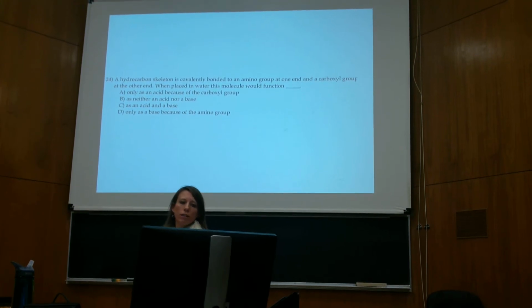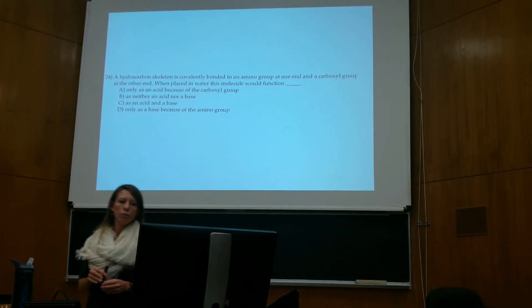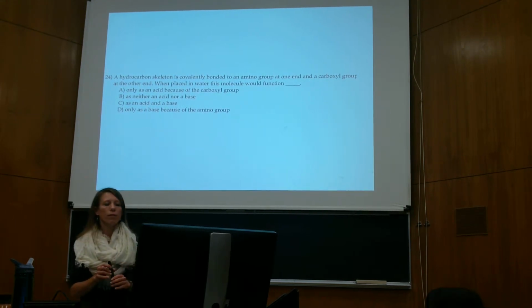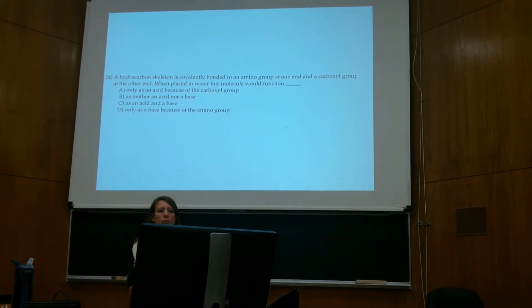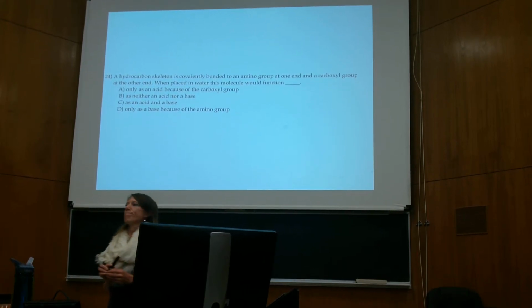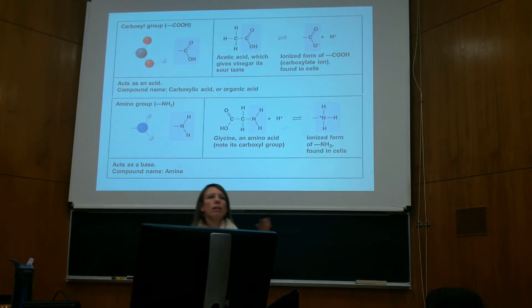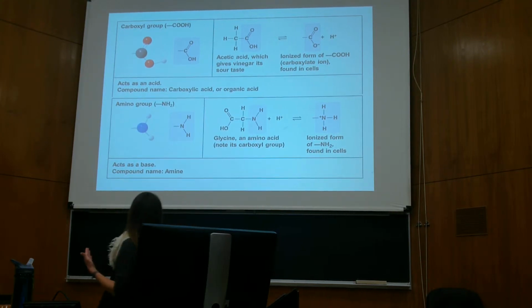Okay, a hydrocarbon skeleton is covalently bonded to an amino group at one end and a carboxyl group at the other end. When placed in water, this molecule would function as C, right? It's going to be an acid or base. This is exactly what our amino acids are. So this was, again, being familiar with the functional group chart.